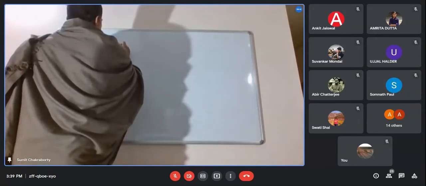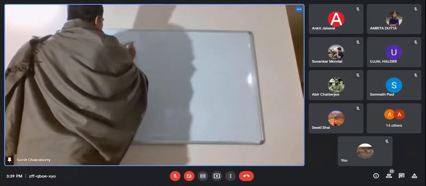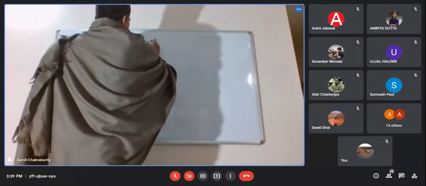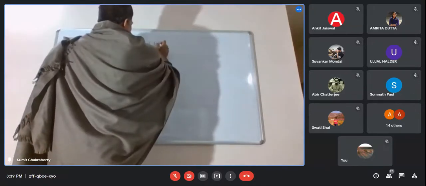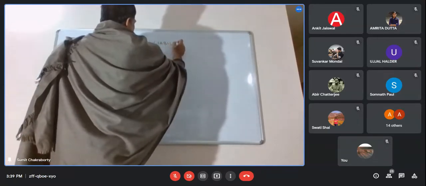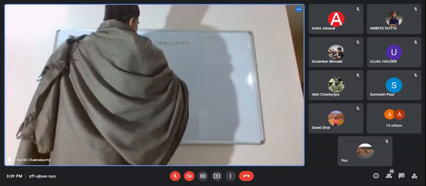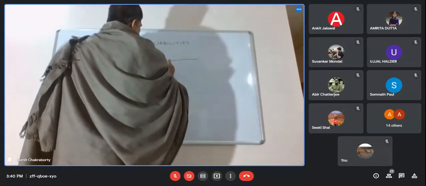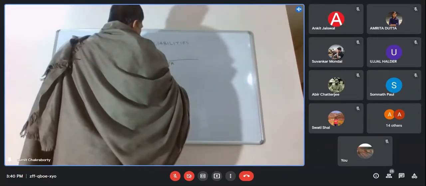Assets, liabilities. This is the capital, less drawing.